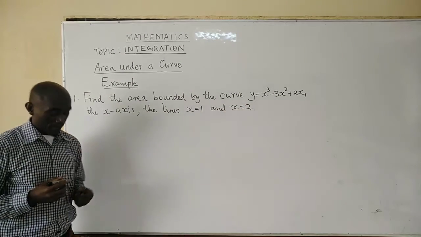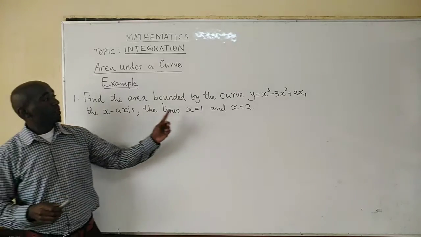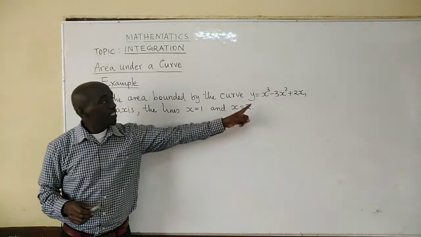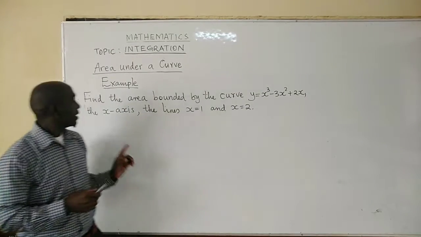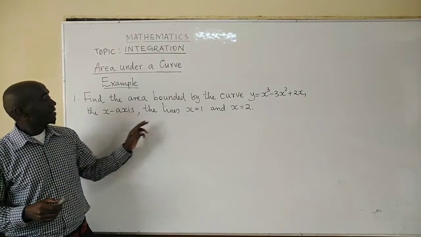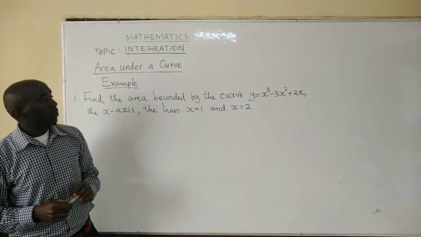Let's look at this example, my dear learner. We are required to find the area bounded by the curve y is equal to x cubed minus 3x squared plus 2x, the x-axis, and the lines x is equal to 1 and x is equal to 2.